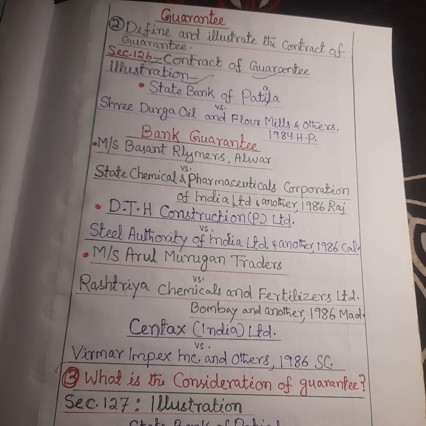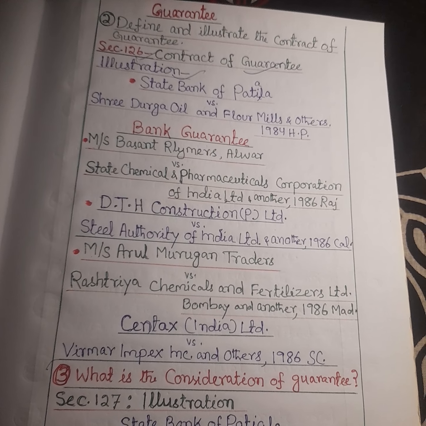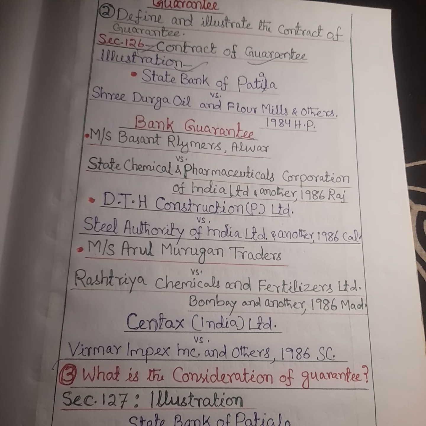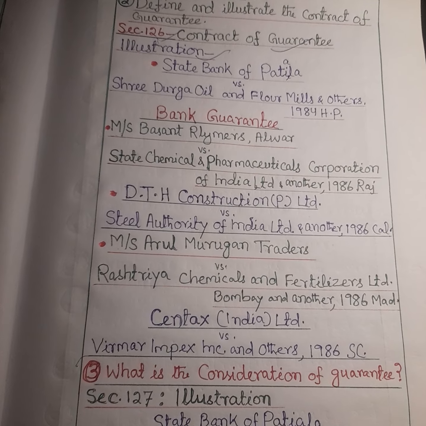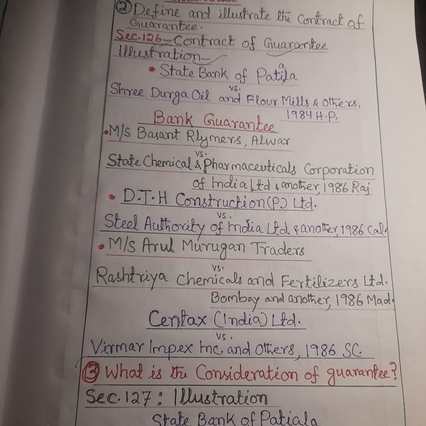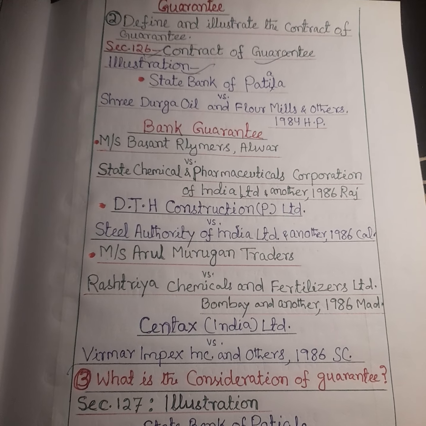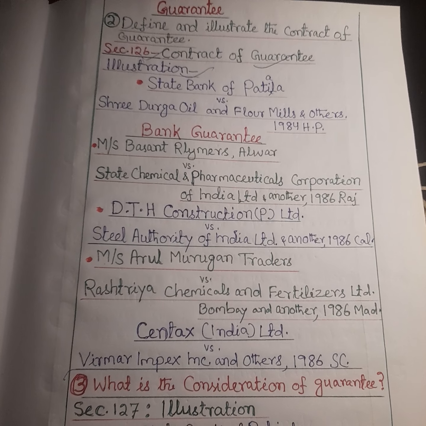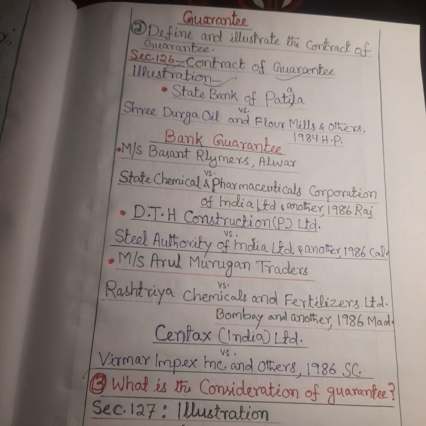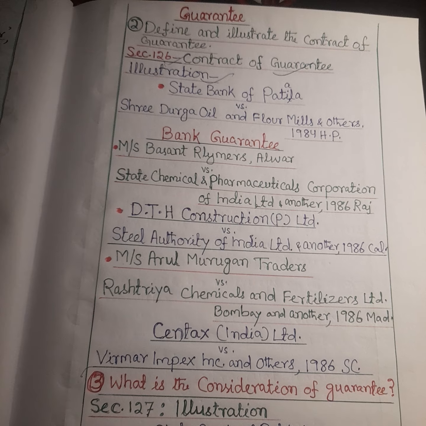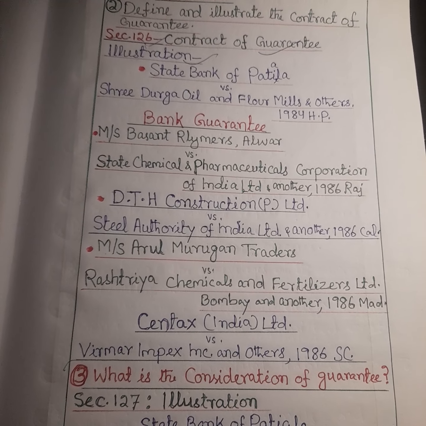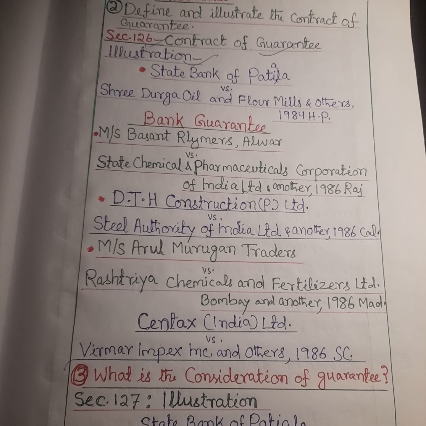So, anything done or any promise made for the benefit of the principal debtor may be a sufficient consideration to the surety for giving the guarantee. And the very illustration regarding the contract of guarantee is, for example, B requests A to sell and deliver to him goods on credit.